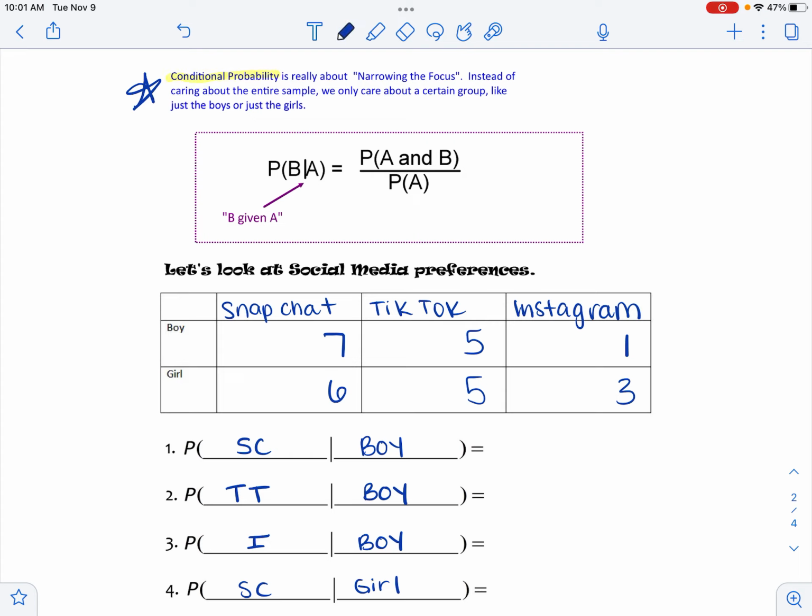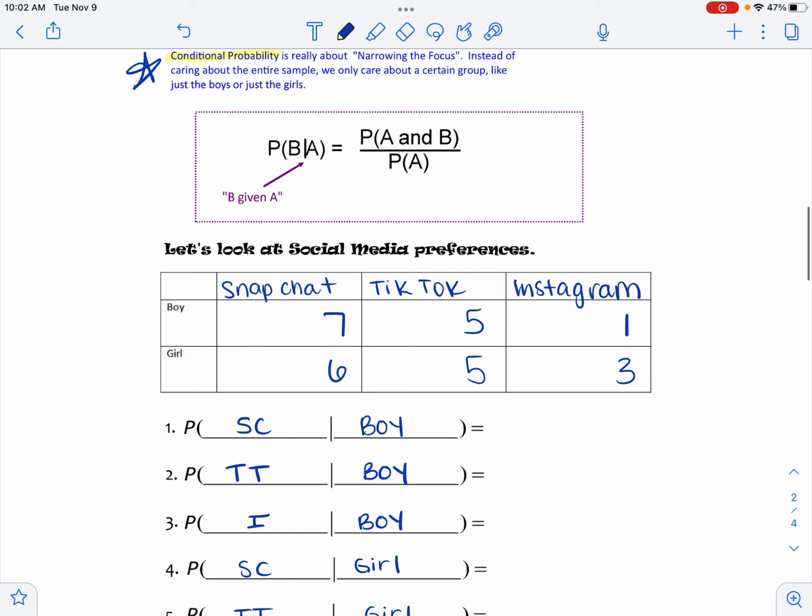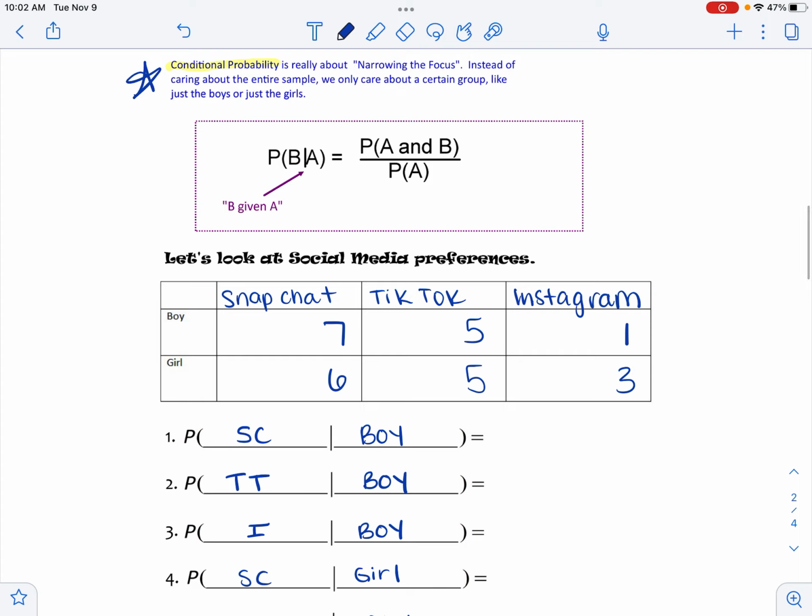We only look at people that match our condition. So if I want to look at the probability given you're a boy, then my condition is a boy, and I only look at people that are boys. So we can use conditional probability when we care only about a certain group, boys and girls, or juniors, seniors, sophomores, freshmen, any type of group that you really care just about that specific group.